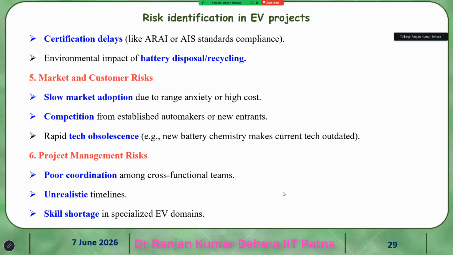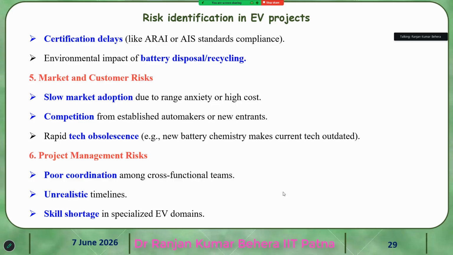Why? Because coordination is important: one component you have developed, and when you come to the next component, you will not repeat the same component. What is new is what comes. Poor coordination between cross-functional teams affects how they connect with each other.